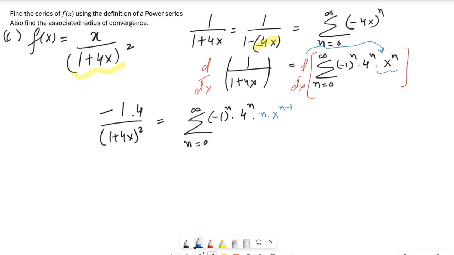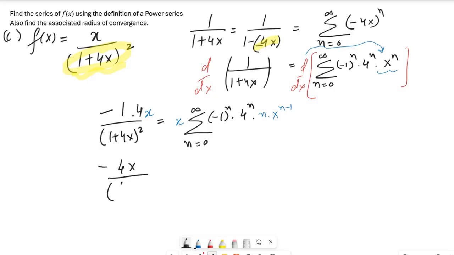So we have most of the function. We want to figure out x by that. So we want to multiply both sides with x, so we can get the actual function. Let's see what we get.